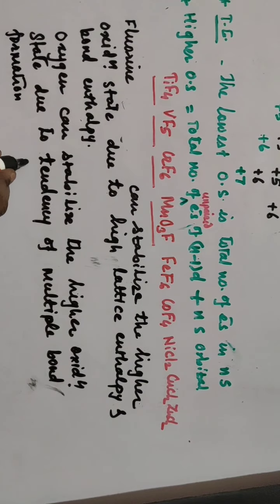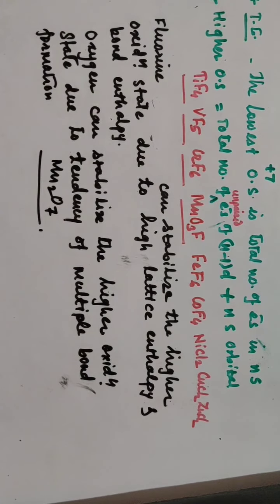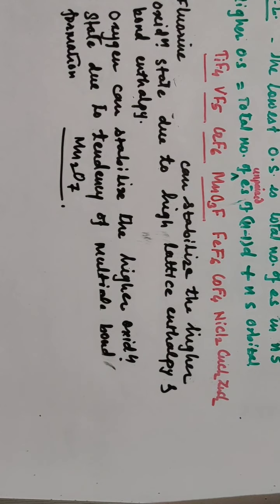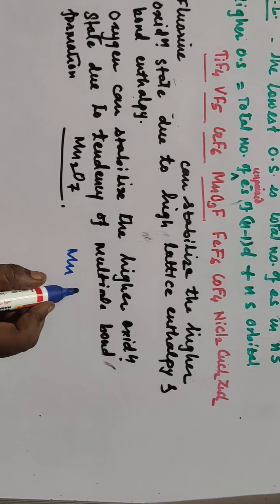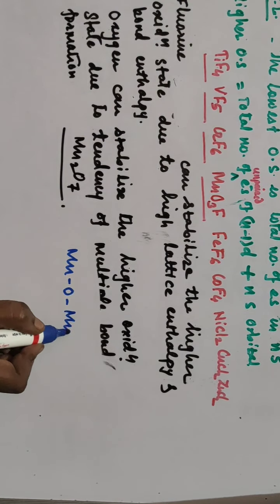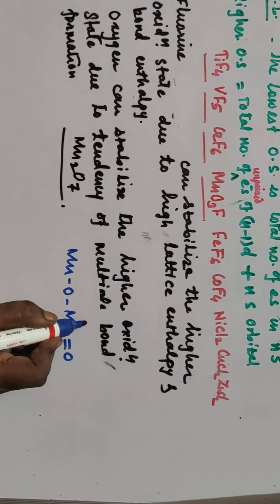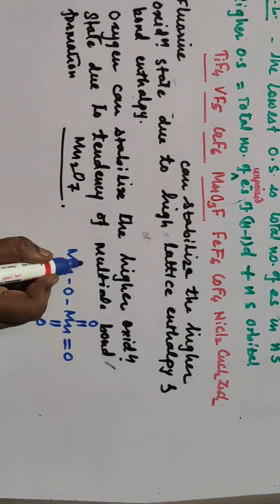We'll take an example of Mn2O7. This compound is a stable compound. The Mn is attached with double bonds to three oxygen atoms.